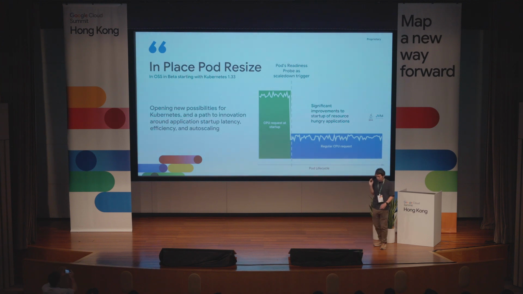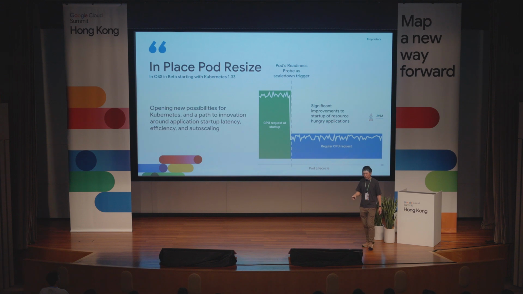And what's upcoming? In open source Kubernetes, there's a thing called IPPR, in-place pod resizing. What it does is you can update the pod request, say CPU and memory resources, without restarting the pod. And what this enables is a feature we are building called CPU boost. If you are familiar with Cloud Run, you probably tried CPU boost before, and we are bringing that to GKE.